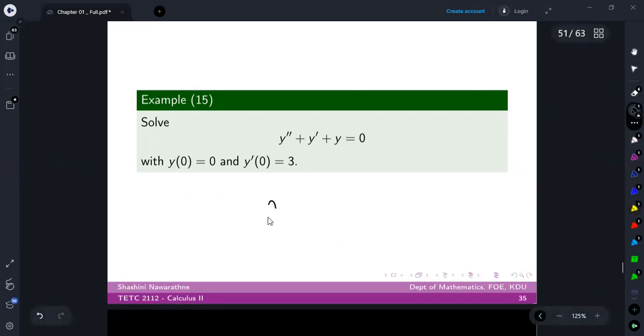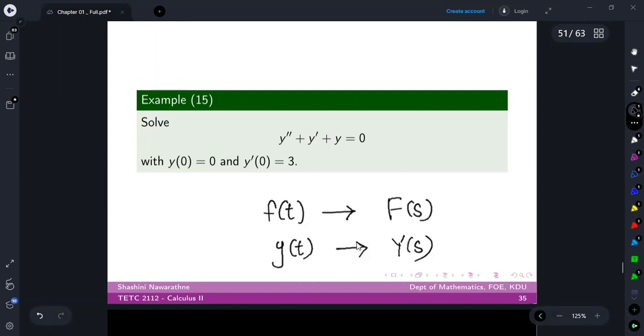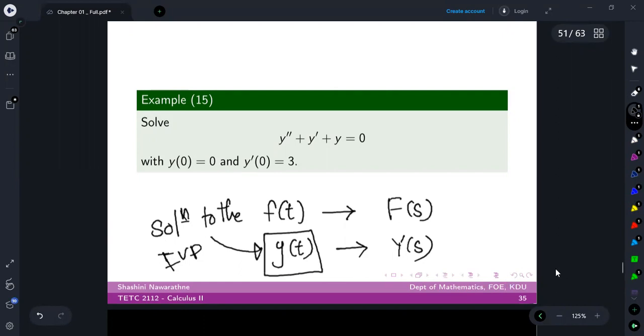Earlier, when we were considering a function f of t, we used the respective capital letter to represent its Laplace transform. So here, since we are using small y of t, we use capital Y of s to represent its Laplace transform. This y of t, the function of t, is the solution to the given initial value problem, so we are going to find this y of t.